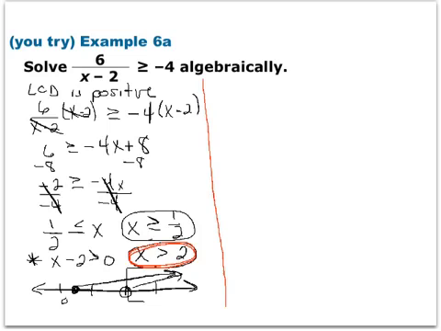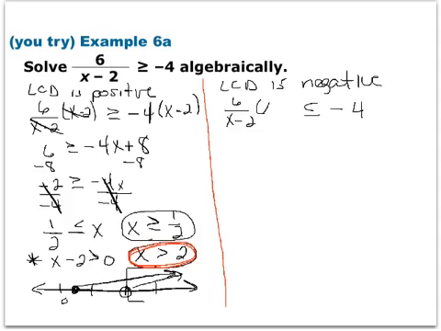Okay, let's try the LCD as negative. So we have 6 over x minus 2. Change your inequality when you do your negative. Multiply both sides. I have 6 less than or equal to negative 4x plus 8.